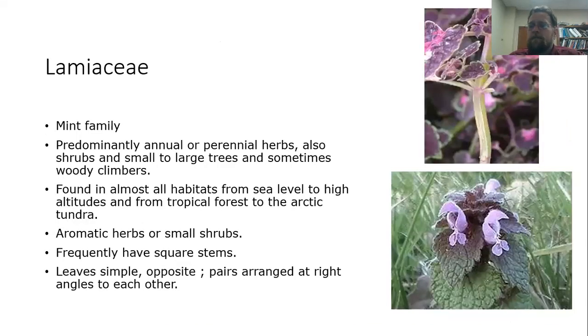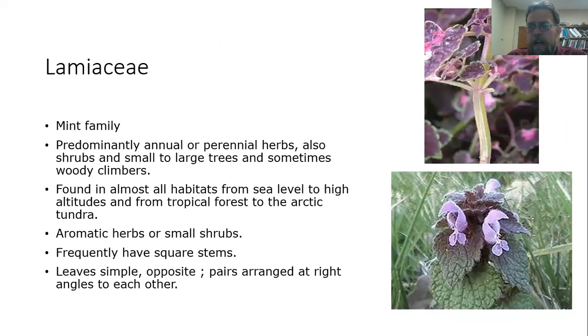A common plant family that you're very likely to know from your garden are the Lamiaceae, also called the mint family. A lot of these are annual or perennial herbs. There are even some large trees and woody climbers. They tend to be found in just about every habitat, all the way from tropical forests to the Arctic tundra.